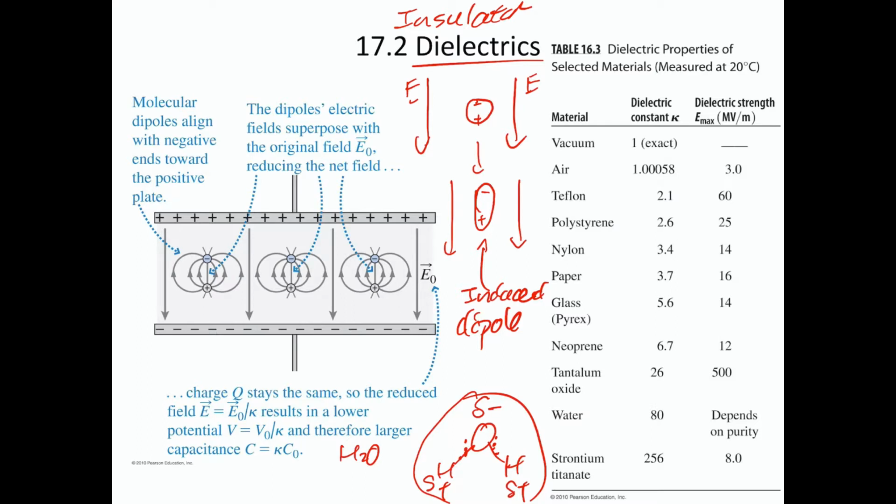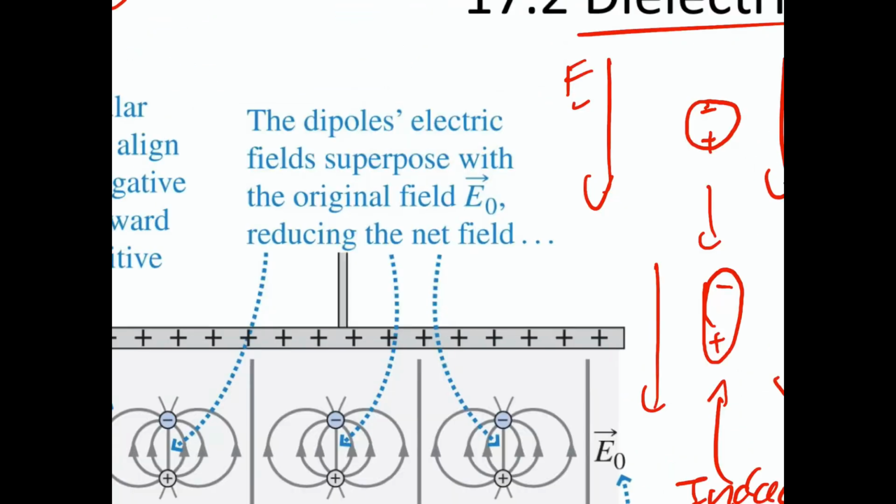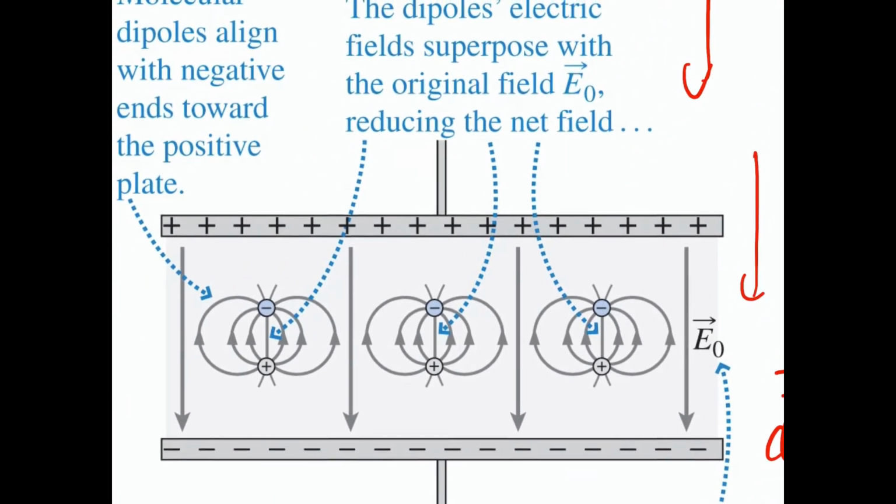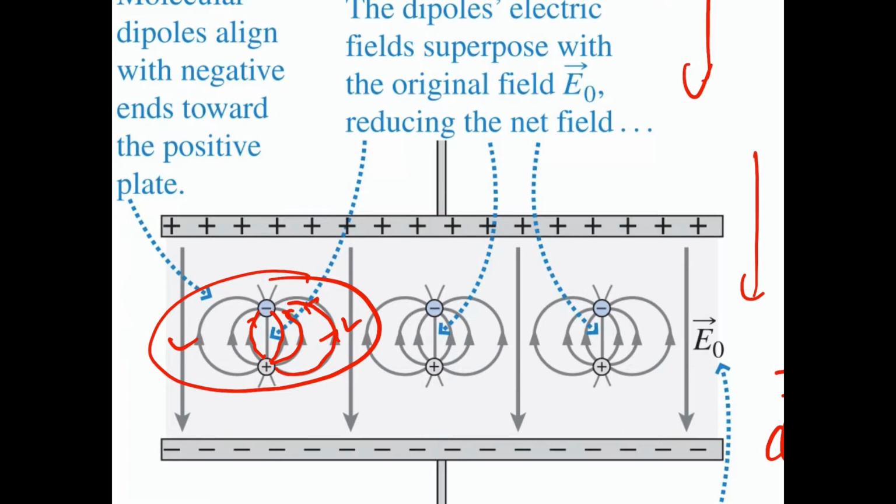E reduces. Now remember, E is equal to delta V over delta X. So why will E reduce? Because you see these figures. When you have a dipole, the dipole will create its own electric field, but this time the electric field created by the dipole is opposite to the external one. So overall, you reduce the electric field inside this plate.